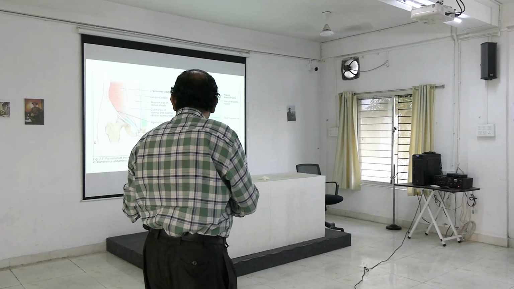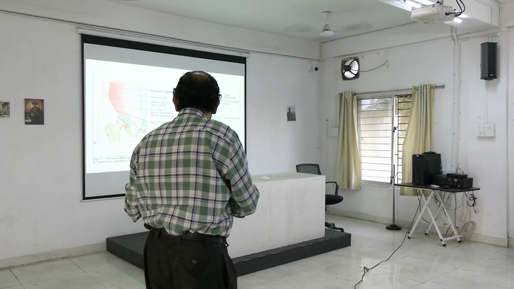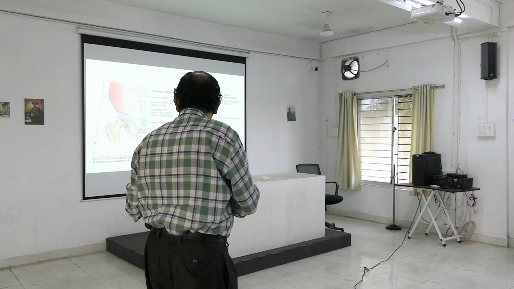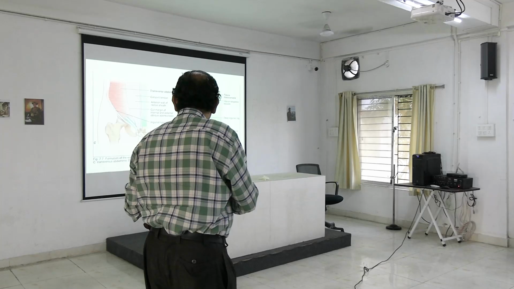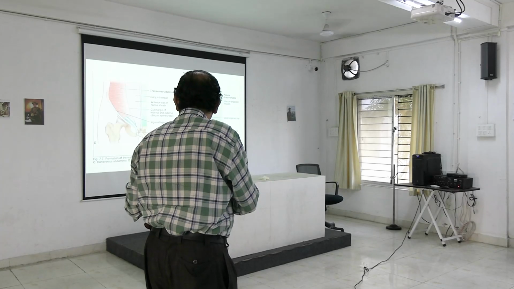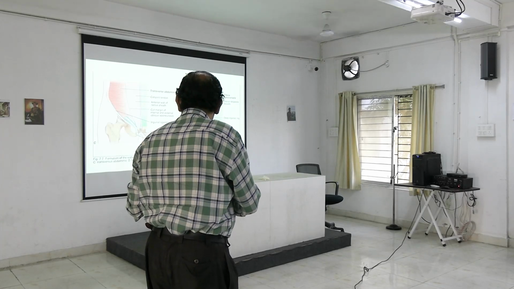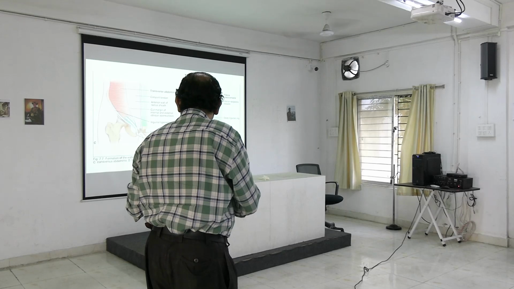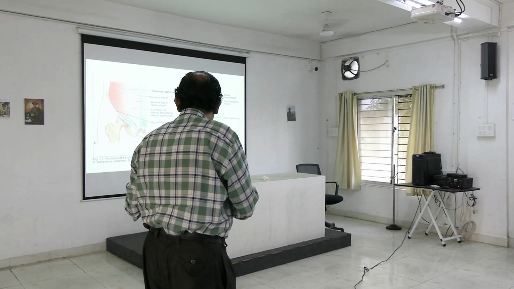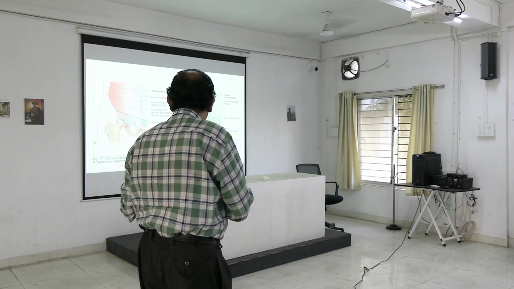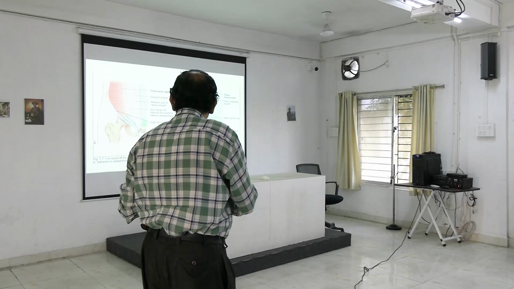This is the deep inguinal ring and this is the spermatic cord, and the contribution is coming from the fascia transversalis, the internal spermatic fascia. So this is the spermatic cord.